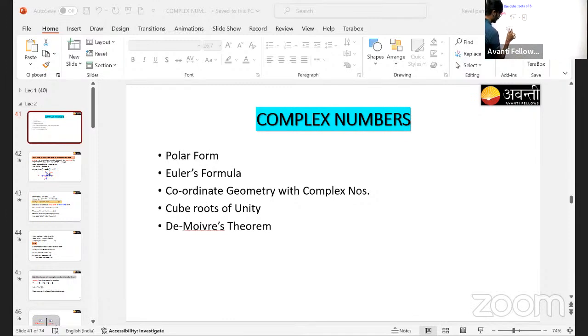For those 2 more, see this manipulation, it is very helpful. We'll write 8 into 1. Obviously I can write that. Then I can write it as cube root of 8 into cube root of 1. What is the cube root of 8? It is 2. And what are the cube roots of 1? We know that: 1, omega, omega square.